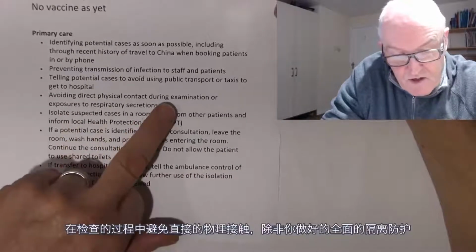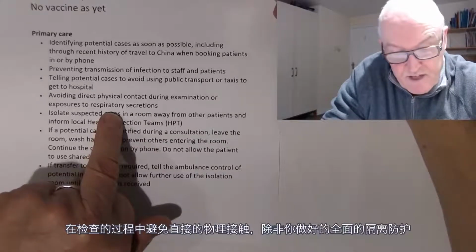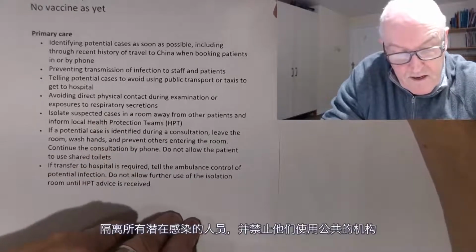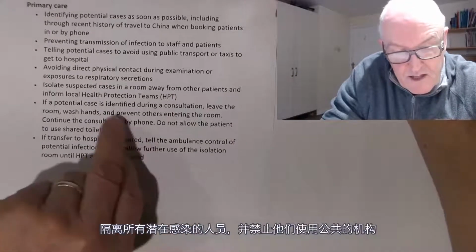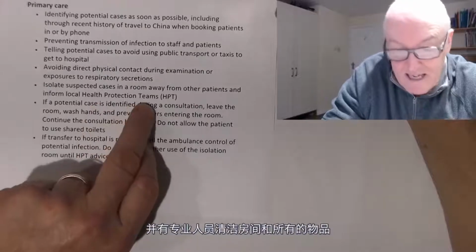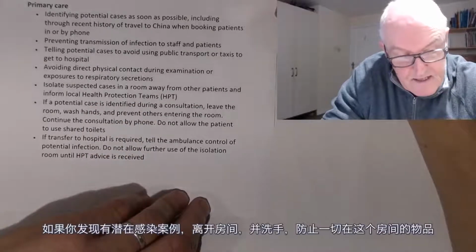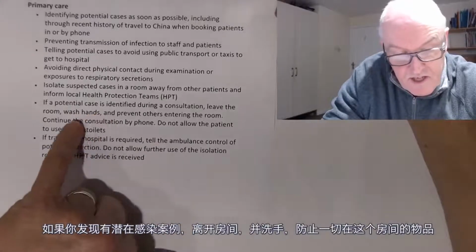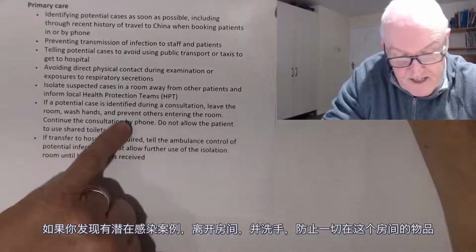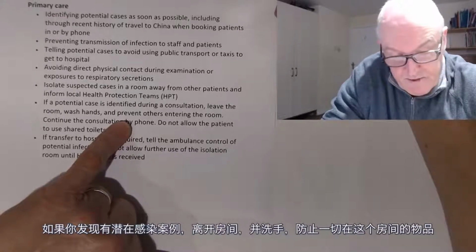Avoid direct physical contact during examination until you've got your full PPE on, your personal protective equipment. Isolate suspected subjects. Don't let them use public facilities, and get the health protection team to clean the room and everything after the patient. If you find a potential case during consultation, leave the room, wash your hands and prevent others from entering the room until you've got full protective equipment.